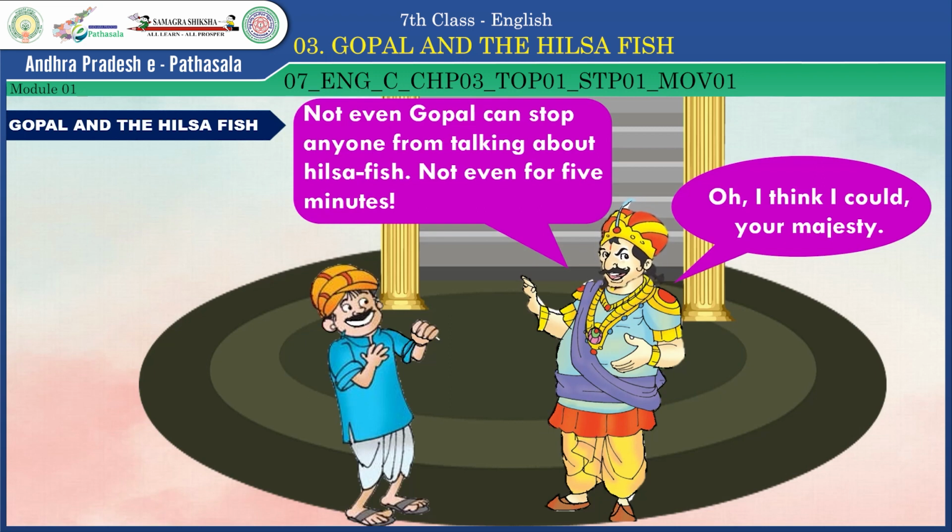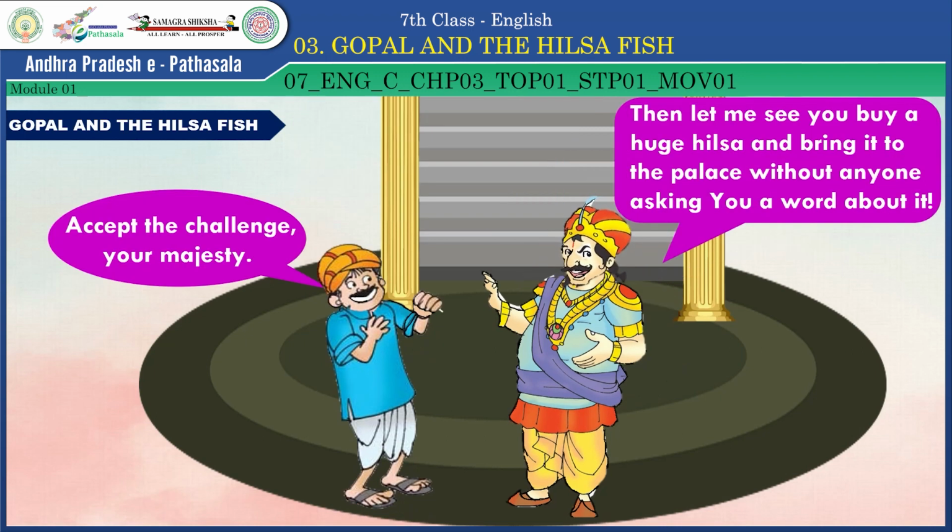Not even for 5 minutes." "Oh, I think I could, Your Majesty." "Then let me see you buy a huge hilsa and bring it to the palace without anyone asking you a word about it." "I accept the challenge, Your Majesty."